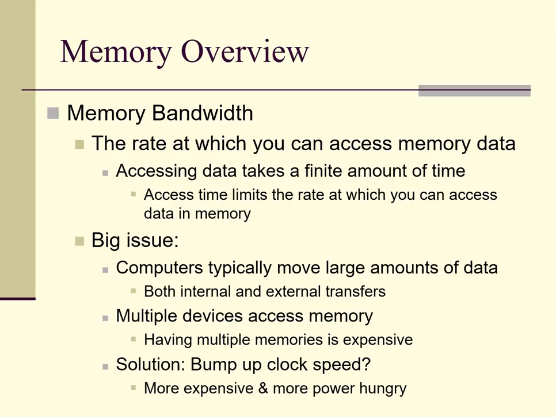There are other external devices that help with that, namely DMA, which is direct memory access. It essentially allows you to transfer large amounts of information while the processor is doing something else. Very interesting, beyond the scope of this class.